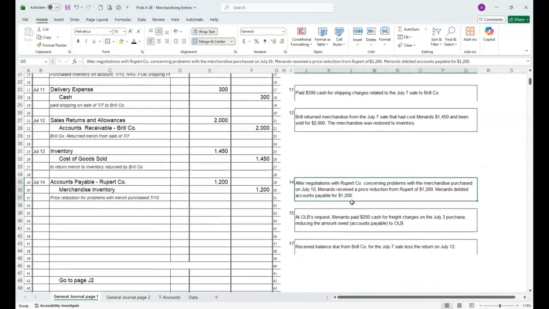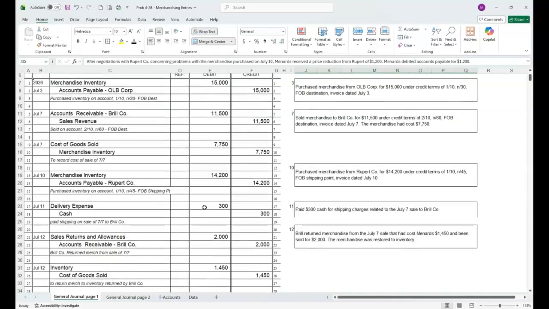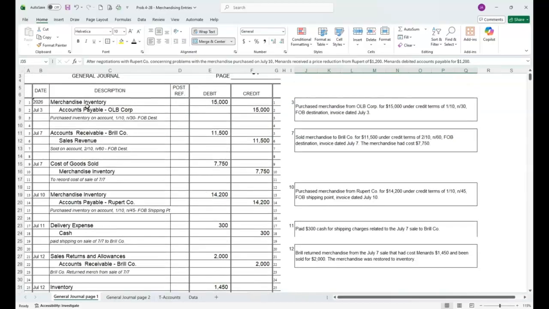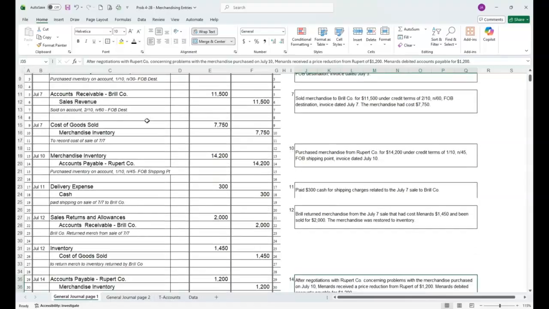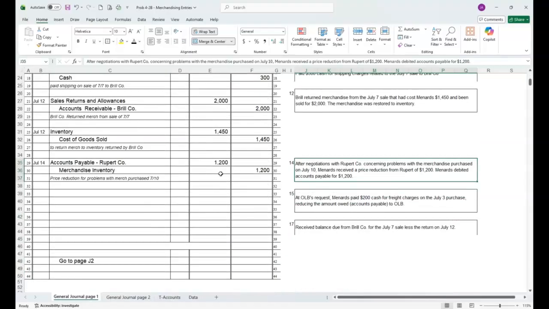The next entry, at OLB's request, Menards paid $200 cash for freight charges on the July the 3rd purchase, reducing the amount we owed. So we don't actually have to pay the freight on this one. It was FOB destination. We were purchasing it. We didn't take ownership till it got to our loading dock, but we've agreed to pay the freight for them.